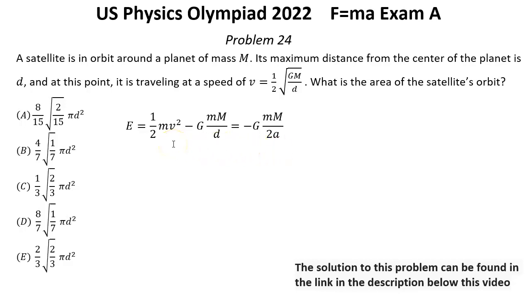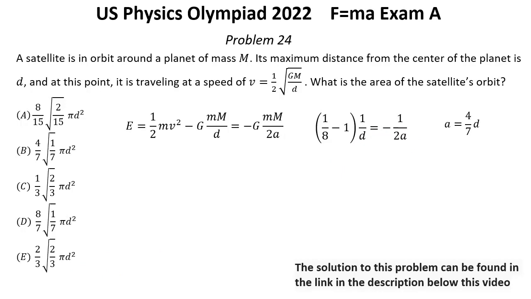So here we can use the expression for speed v, put it in this equation and find that the semi-major axis could be counted using d. That will be 4 over 7 d.